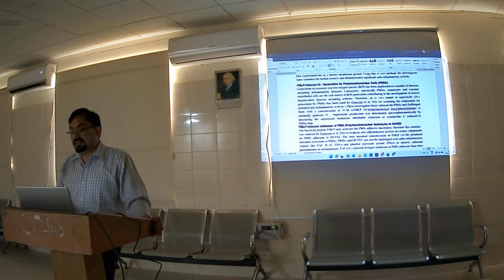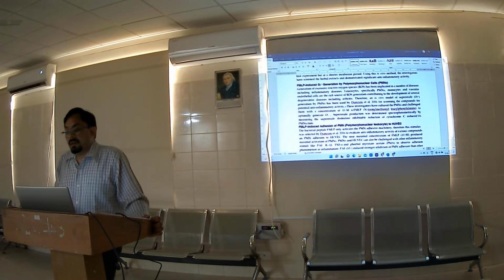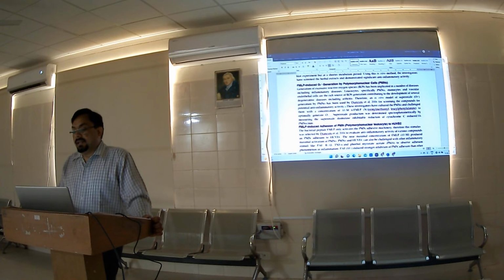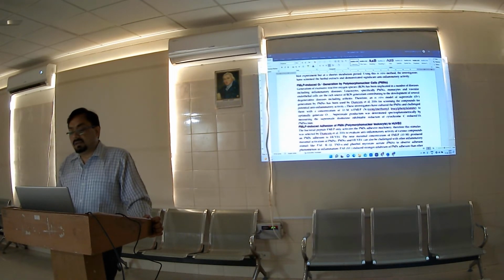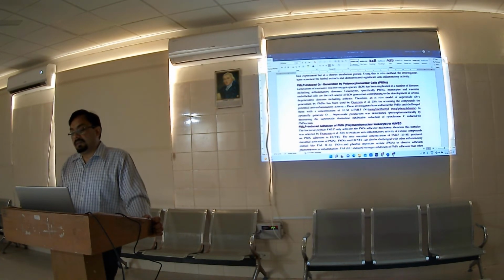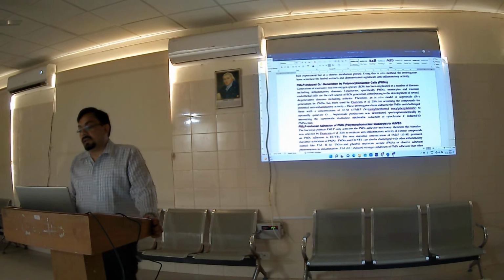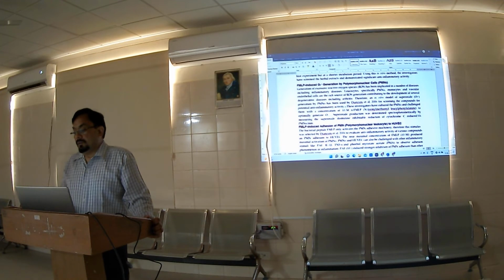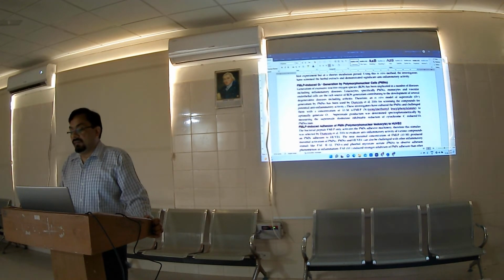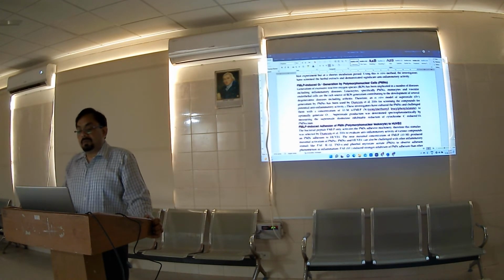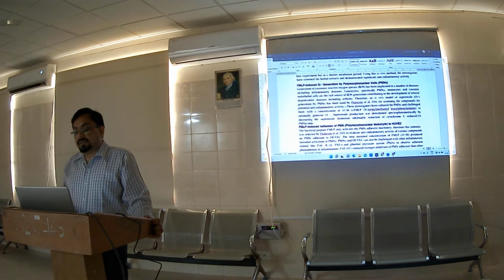These investigators have cultured the polymorphonuclear cells and challenged them with a concentration of 10 to the power -7 molar FMLP, N-formyl methionyl leucyl phenylalanine, to optimally generate superoxide radicals.